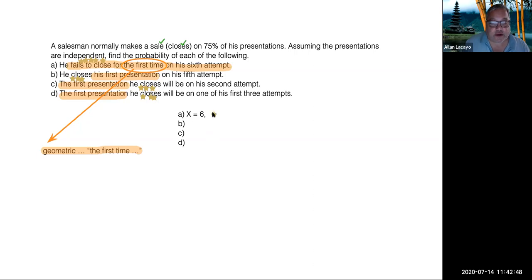So in the first problem, the probability, that is the probability P, is 0.25, because that's the chance of failing to close the sale.